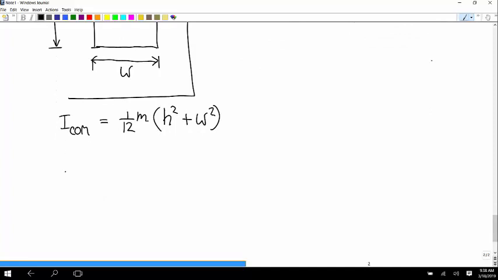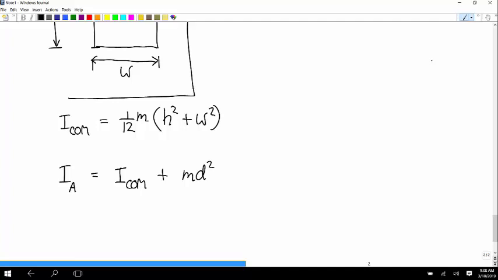And then the parallel axis theorem says the mass moment of inertia about A is equal to the mass moment of inertia about the center of mass plus md squared.